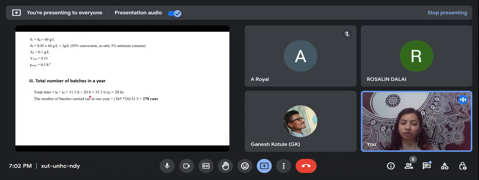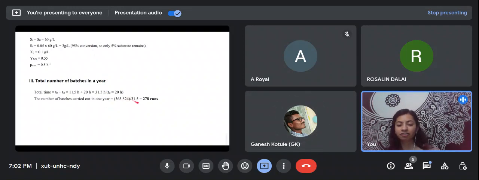So for that one batch, you have to take this much amount of time, the 11.5 hours for the growth to happen, and 20 hours of downtime. So totally you need 31.5 hours for one batch to take place, and before you start the next batch. Okay, so it is 31.5 hours.